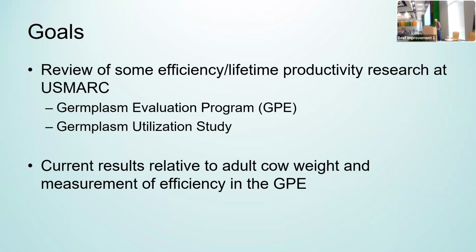What I want to temper about these older results is that they really help inform our view of what we need to be doing in terms of efficiency, but they have some old breed differences in them, and they may not be true anymore because of how much our breeds have changed. Their take home message is still important.